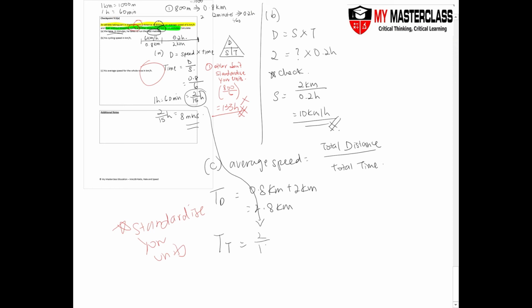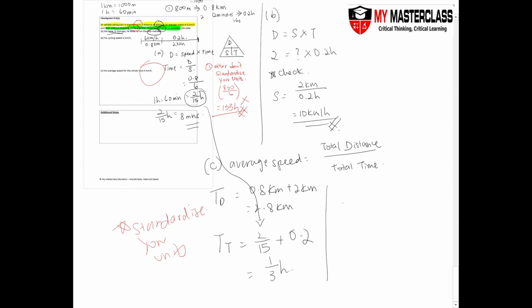You plus what? How many hours for the other part of the biathlon? You have 0.2 hours. So in total, what should you be getting? 2 over 15 plus 0.2, you should be getting 1 over 3 hours. Did they ask you to convert this into minutes? No, so don't do it.